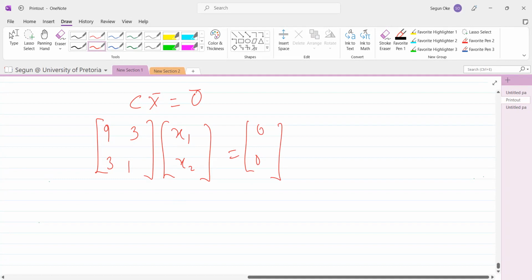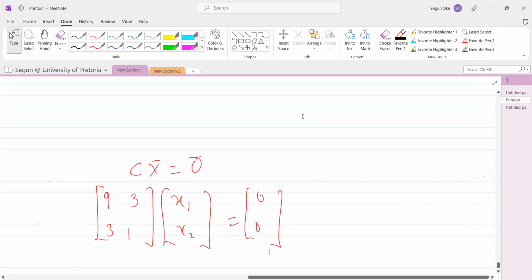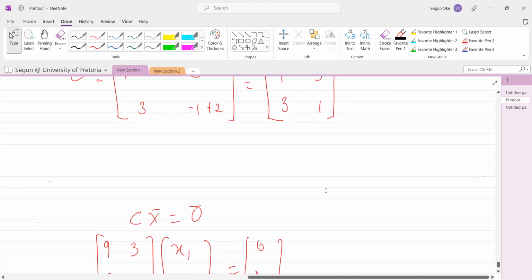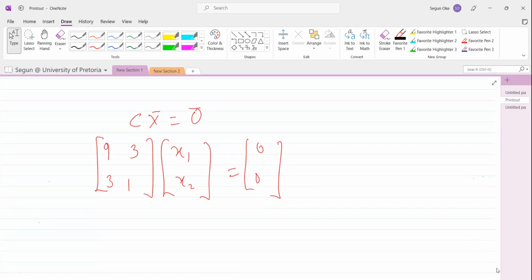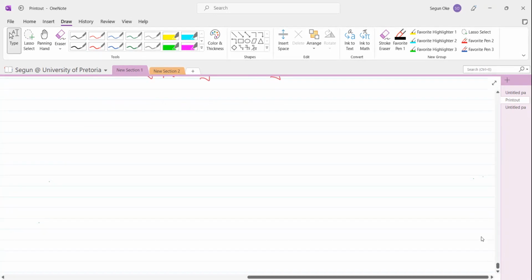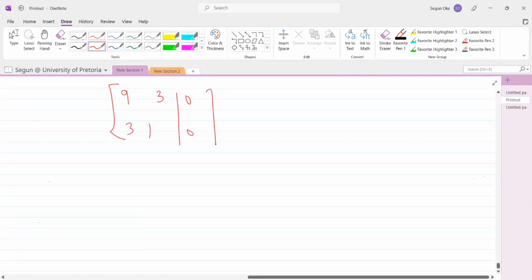So at the end of the day, using row reduction, what do we have here? For row reduction, we have 9, 3, 0 and 3, 1, 0.